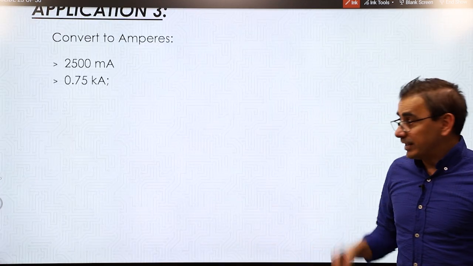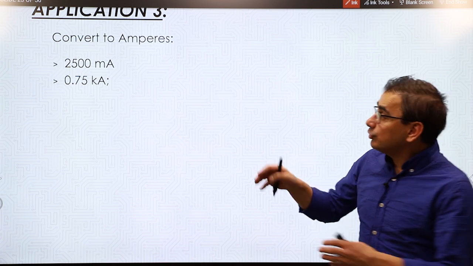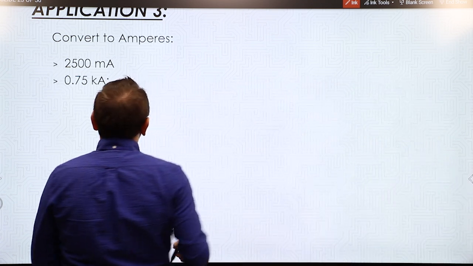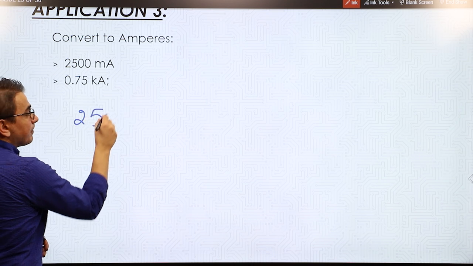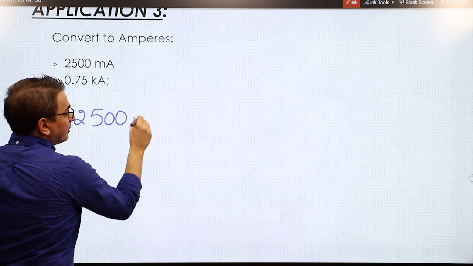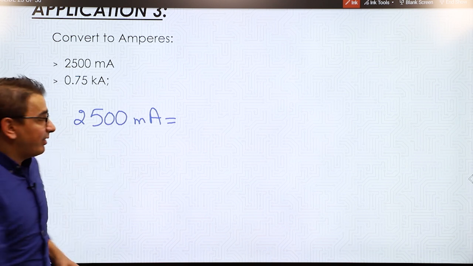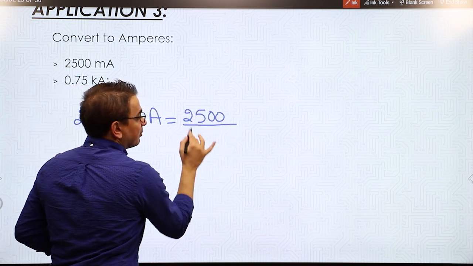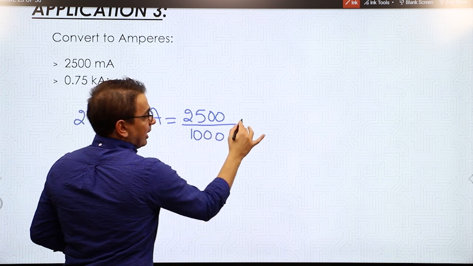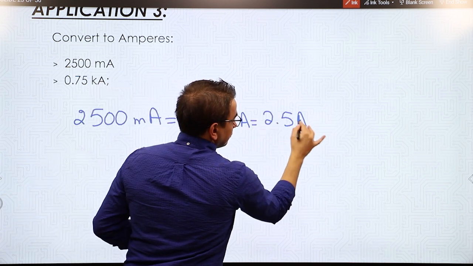Let's take this simple application in which we need to convert these units into ampere. How to convert 2500 milliampere into amperes? I know that milliampere is a divide by 1000, so I can simply do 2500 divided by 1000, which becomes directly 2.5 amperes.